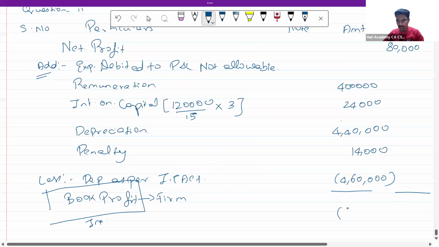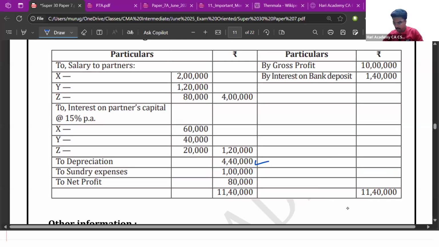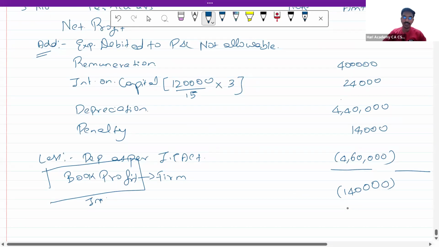Interest of 1,40,000 has to be removed. Minus 1,40,000 minus 4,60,000. The book profit in the present case is going to be 3,58,000.